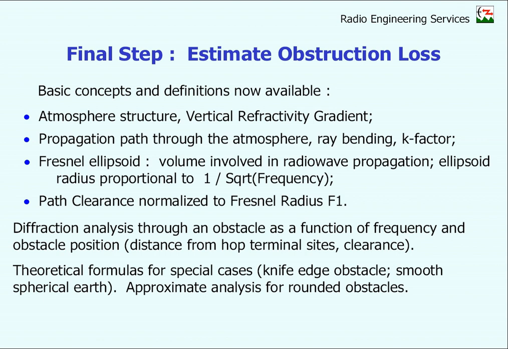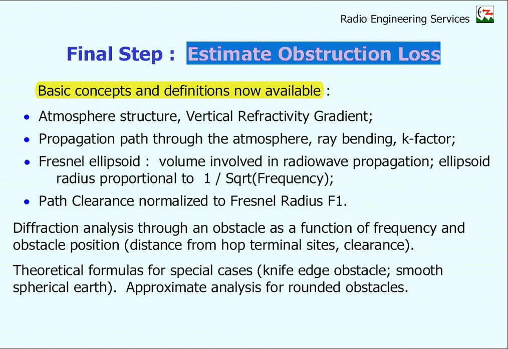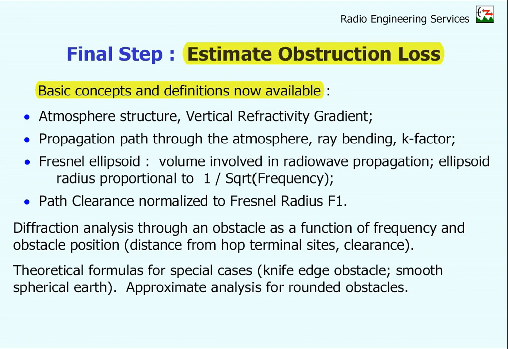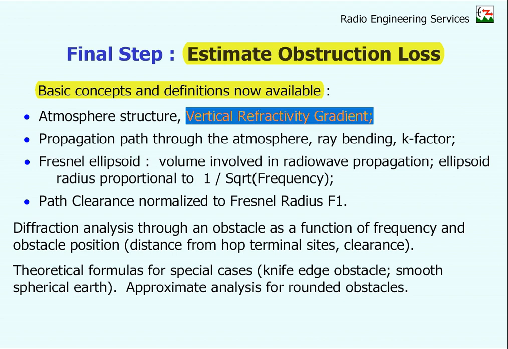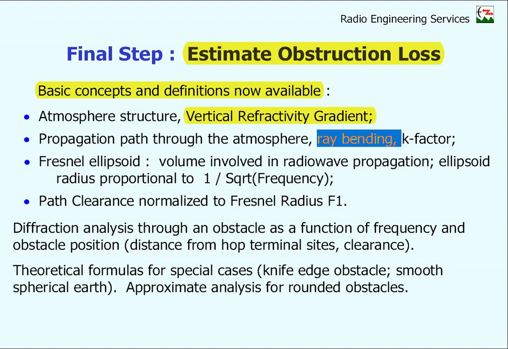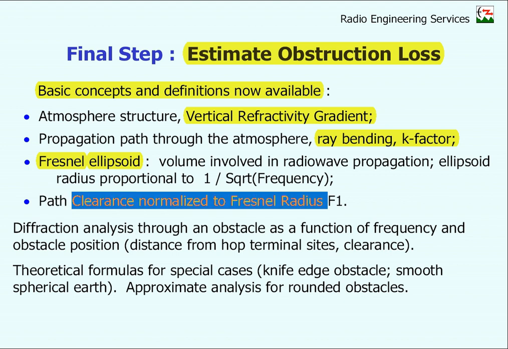Fine. Now we are familiar with all the basic definitions and concepts that allow us to complete the clearance analysis and to estimate the power loss produced by an obstacle. Vertical refractivity gradient, ray bending and K-factor, Fresnel ellipsoid as a volume involved in radio wave propagation, and finally, normalized clearance.